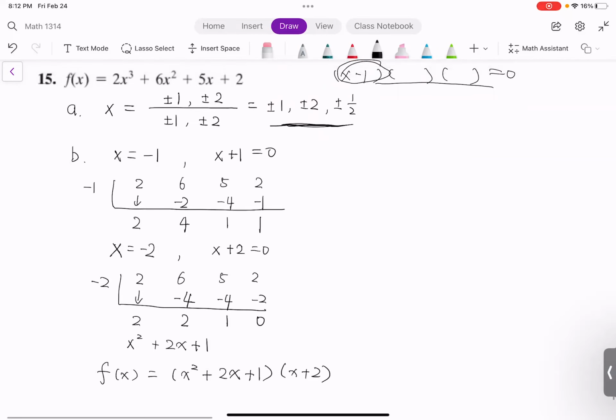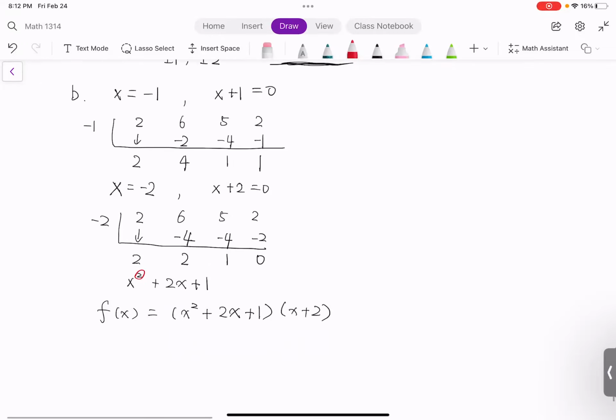Yes, because here is cubed. I must have squared. Oh, I know where is my problem. I didn't copy down the right quotient because here is 2. I couldn't miss my 2.